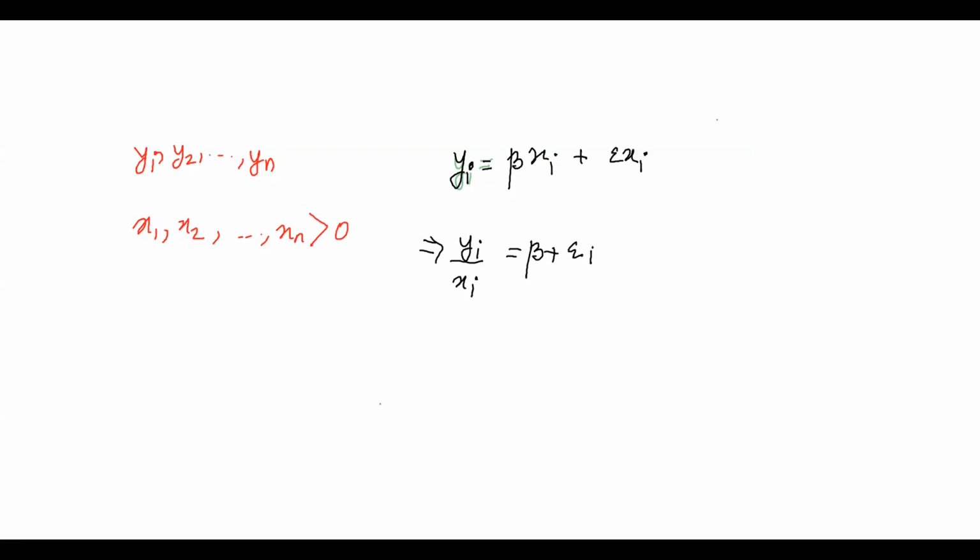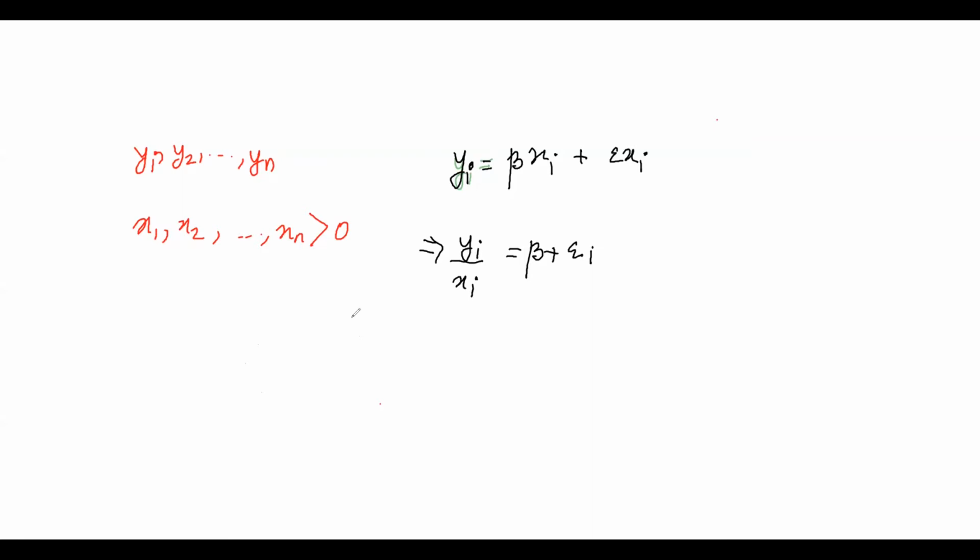How do we find a least square estimate? You should always ask yourself why these two are different. As you know, if epsilon i follows normal, the least square estimate will be the same as the maximum likelihood estimate, right? But here it follows the Laplace distribution.